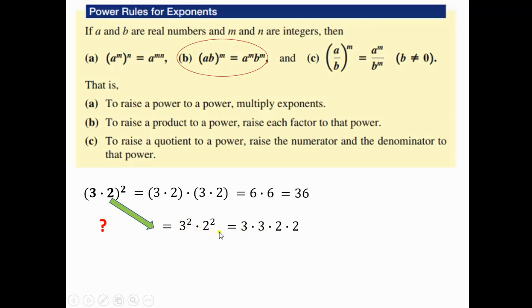Again, 3 squared is 3 times 3, and 2 squared is 2 times 2. And 3 times 3 times 2 times 2 is 36. Okay? So, again, our power rule holds within a specific example. And you can try this with other numbers if you'd like.